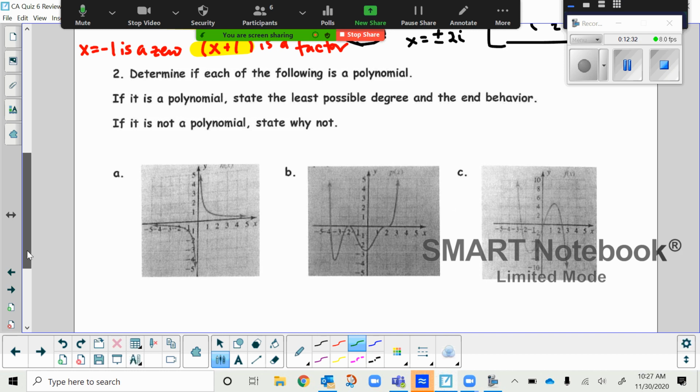And as a reminder, that least possible degree part, remember that was you find the number of turning points, and do what to it? Anybody remember?